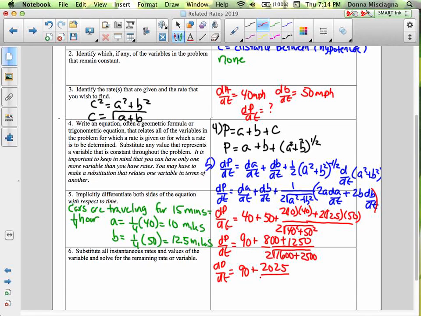In the denominator, 2 times the square root of 4,100. I hope you can read that.